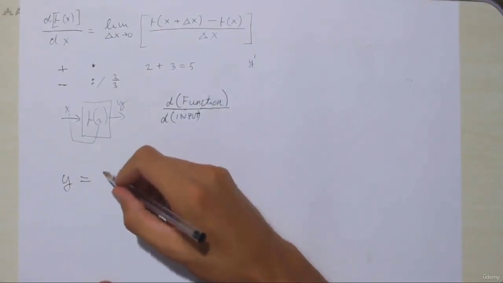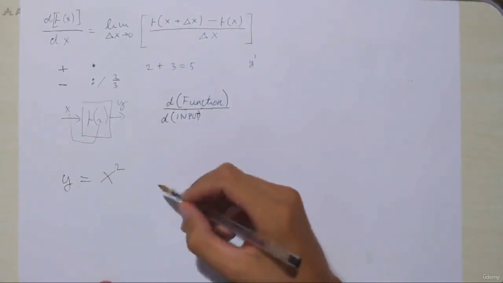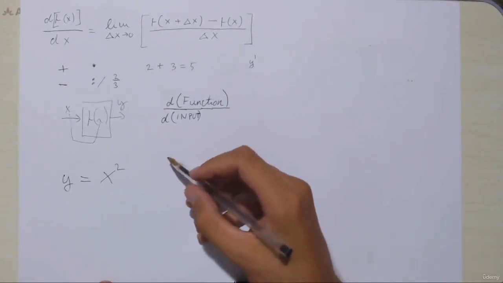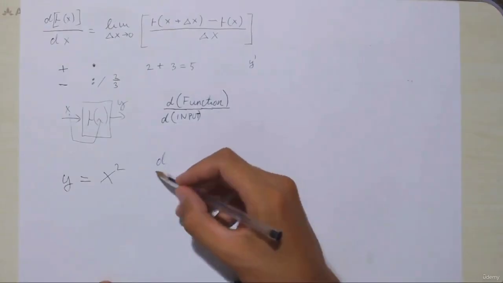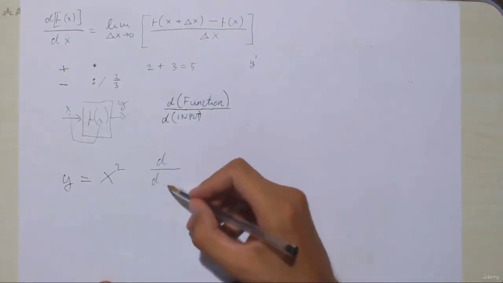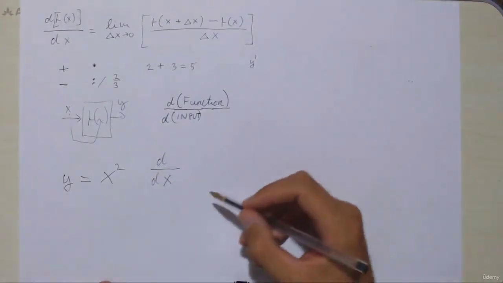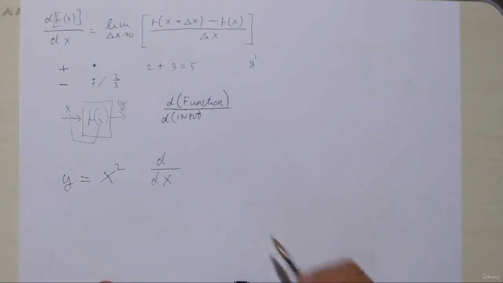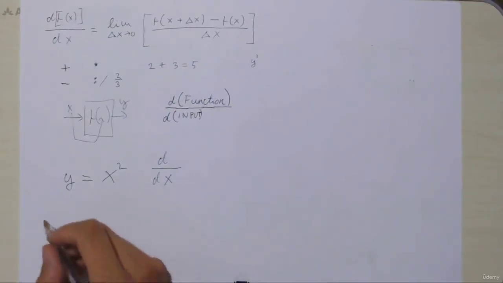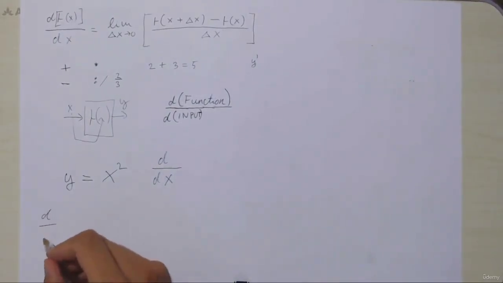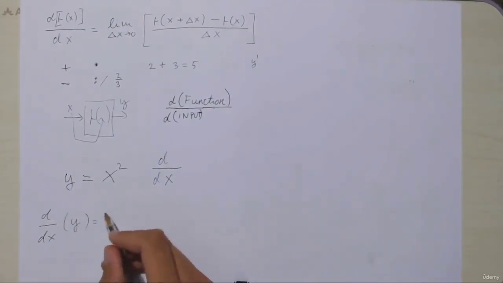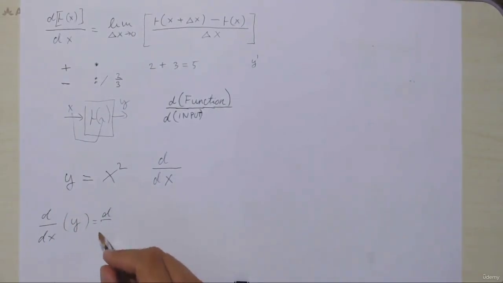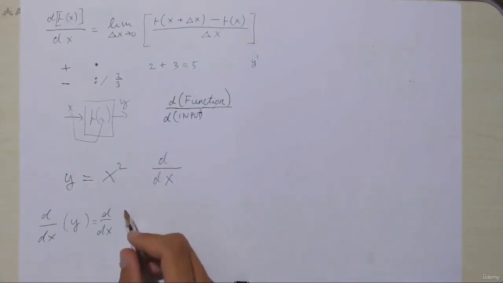So if I have, for example, y equals x squared, right? And then I can say that my differential operator is d/dx. So what I do, I apply d/dx on y, and I apply d/dx on x squared.